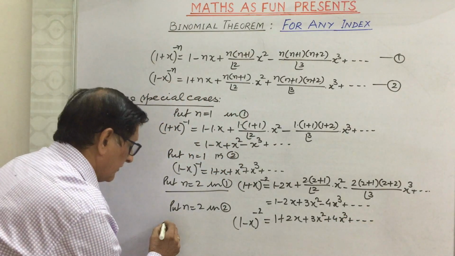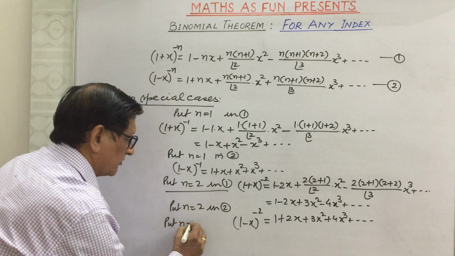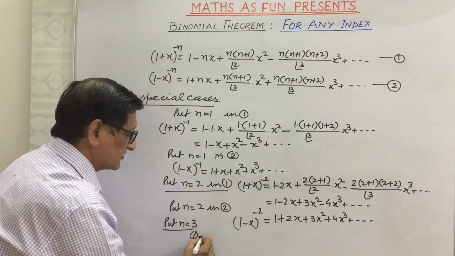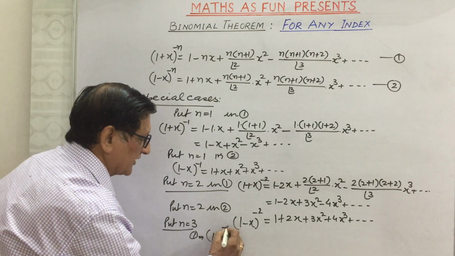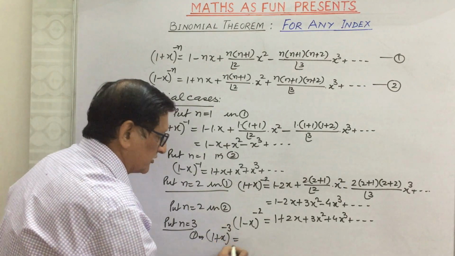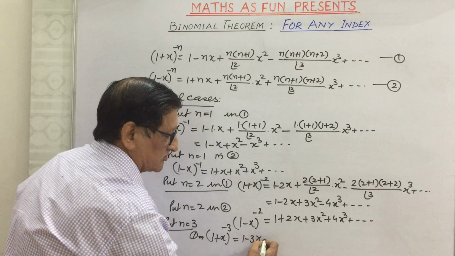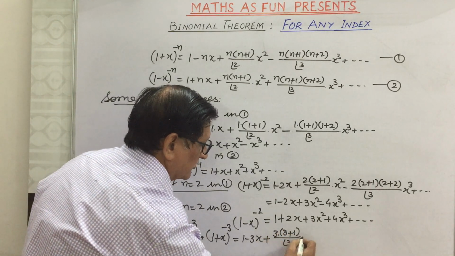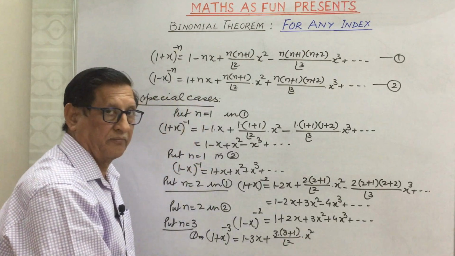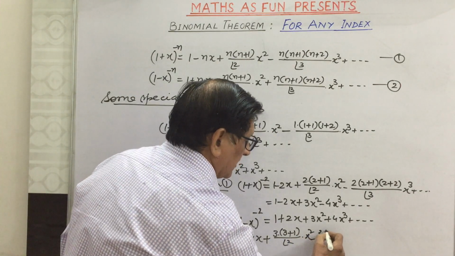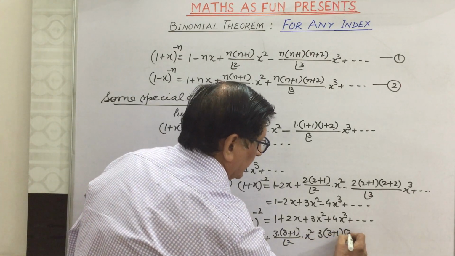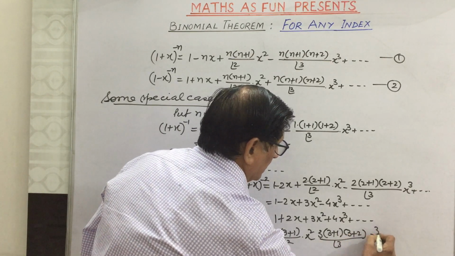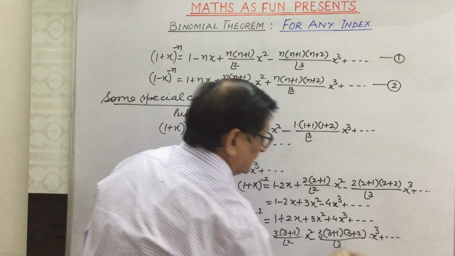If we are putting n is equal to 3, then the first one will give us 1 plus x power minus 3 is equal to 1 minus 3x plus 3 into 3 plus 1 upon factorial 2 into x square minus 3 into 3 plus 1 into 3 plus 2 upon factorial 3 into x cube plus so on.